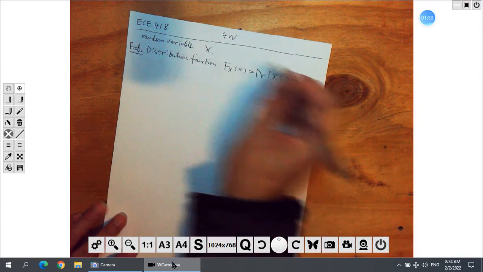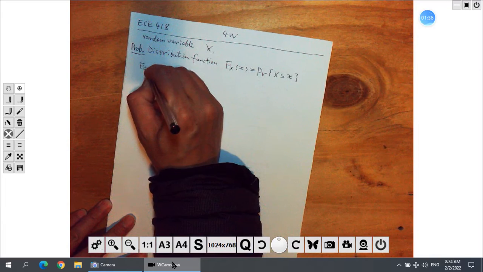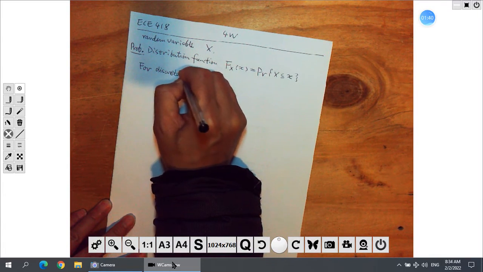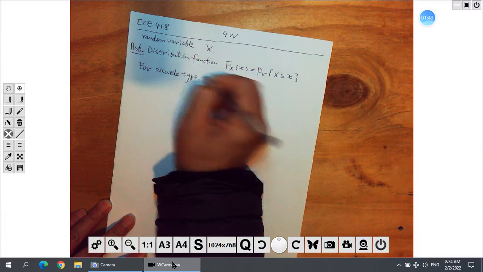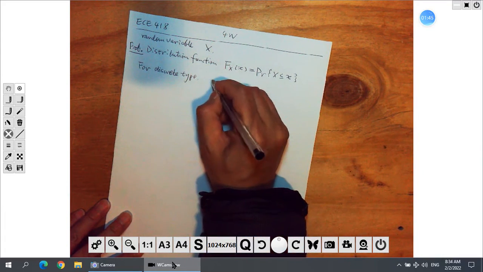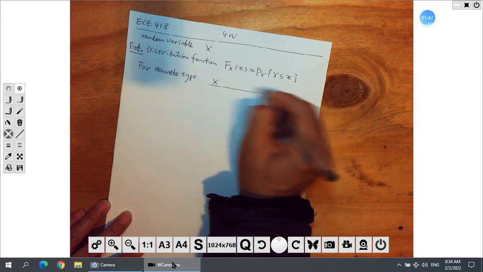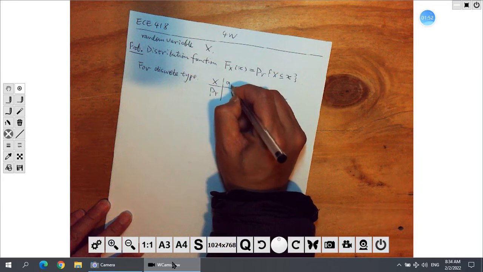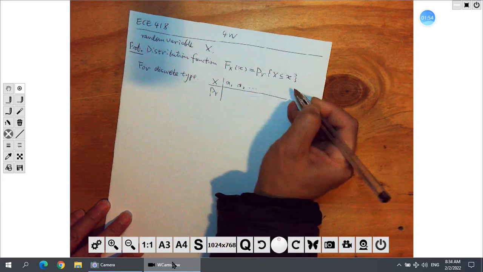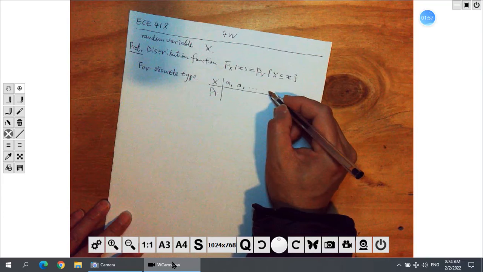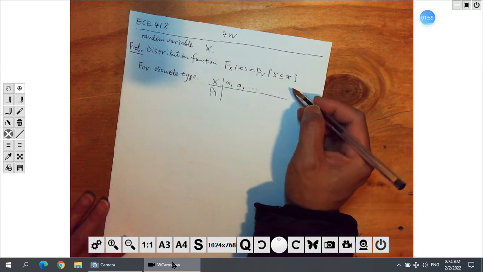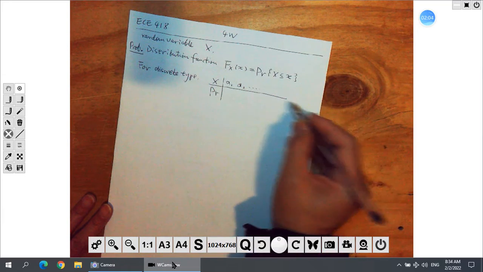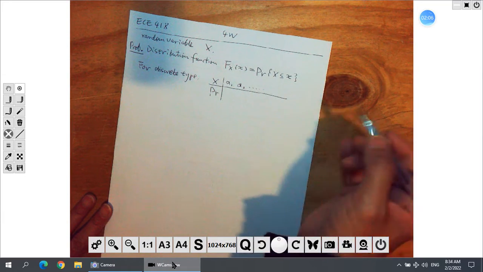Then for the discrete type, we have a list of the probabilities. We have x and the probability. Here I list the values alpha 1, alpha 2, and so on. Depending on the experiment, if you have dice you have 6 numbers, and in other experiments maybe more samples, maybe even infinitely many possibilities.